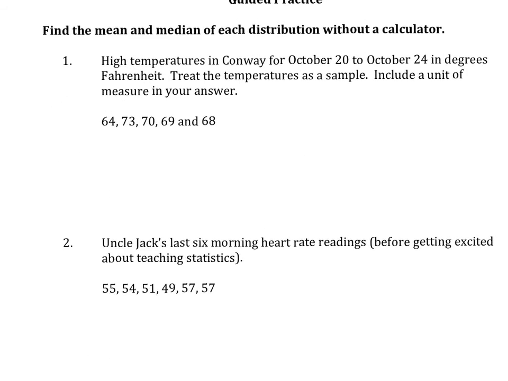Okay, guided practice. Just going to give you the answers to these. It's asking for the mean and median. Well, if you sum those 5 numbers and divide by 5, and we're going to treat it as a sample, so we're notating it as x bar. I get 68.8 for the mean, rounded to 1 place more than the data set.